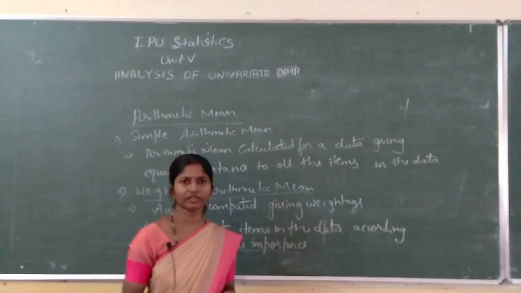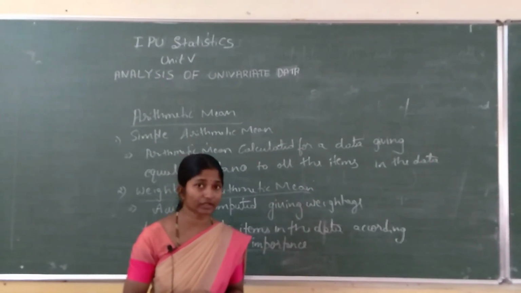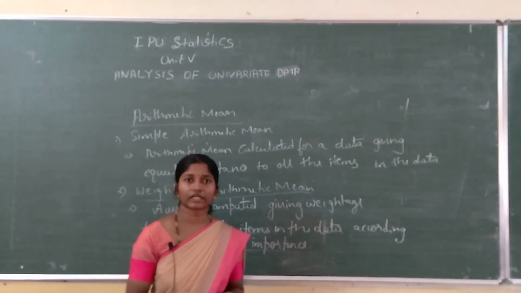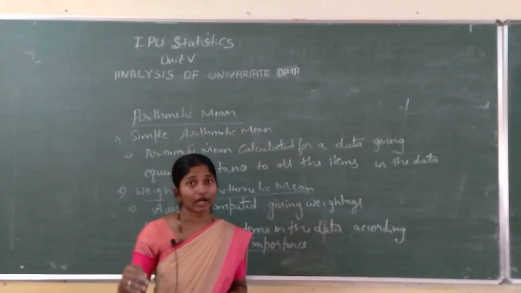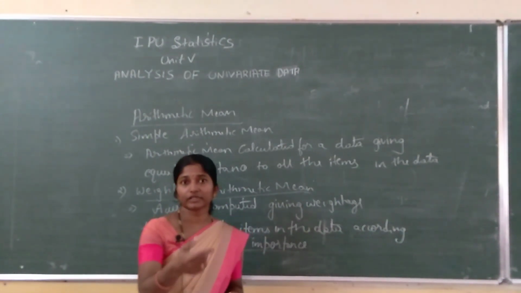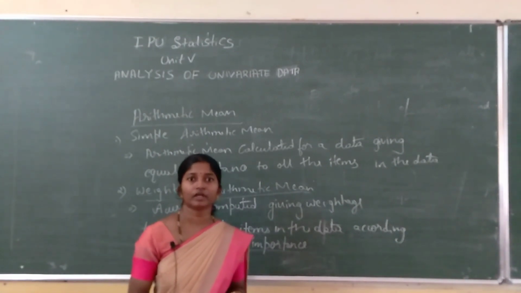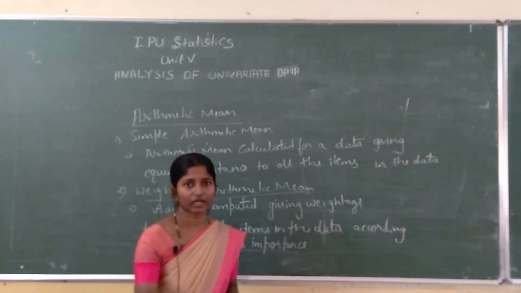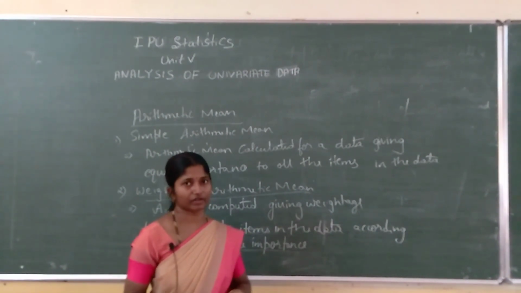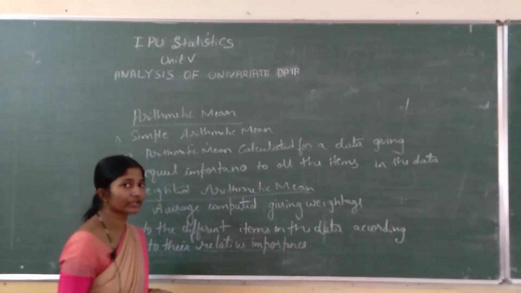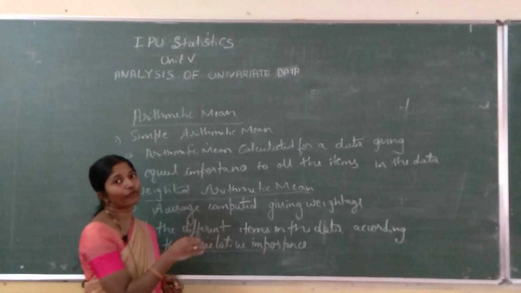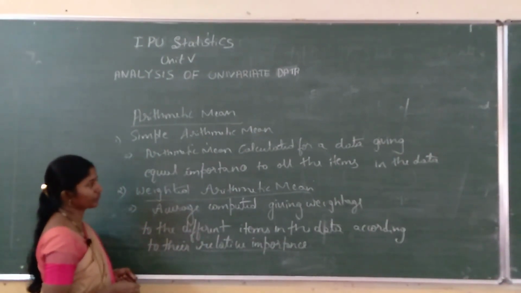So important items are salt, milk, oil, education, house rent and so on. Grocery items like milk, salt, sugar, rice and so on can be taken. Only relatively important items are used for the calculation. That is the weighted arithmetic mean. Okay.